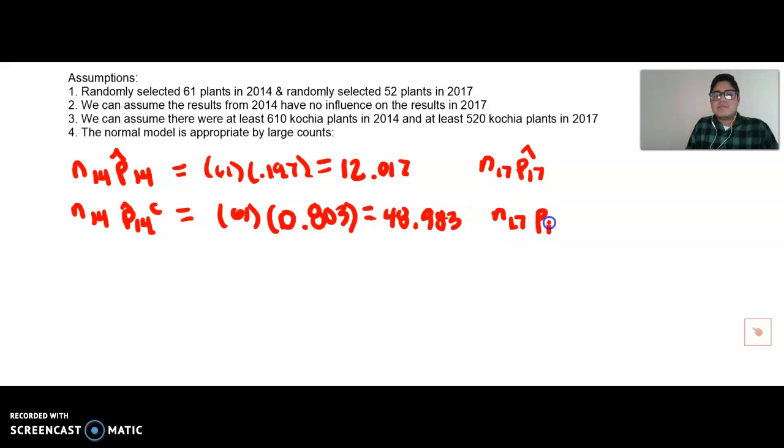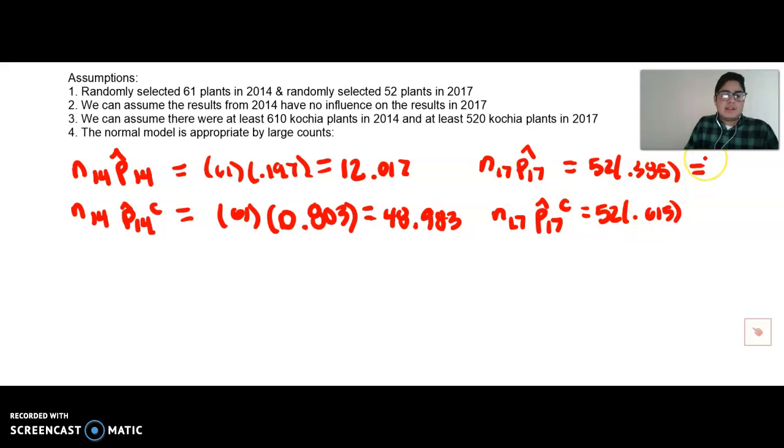Here goes. Okay, so then in my other sample size, I had 52 times, looks like 0.385. And then the complement of that, 0.615.